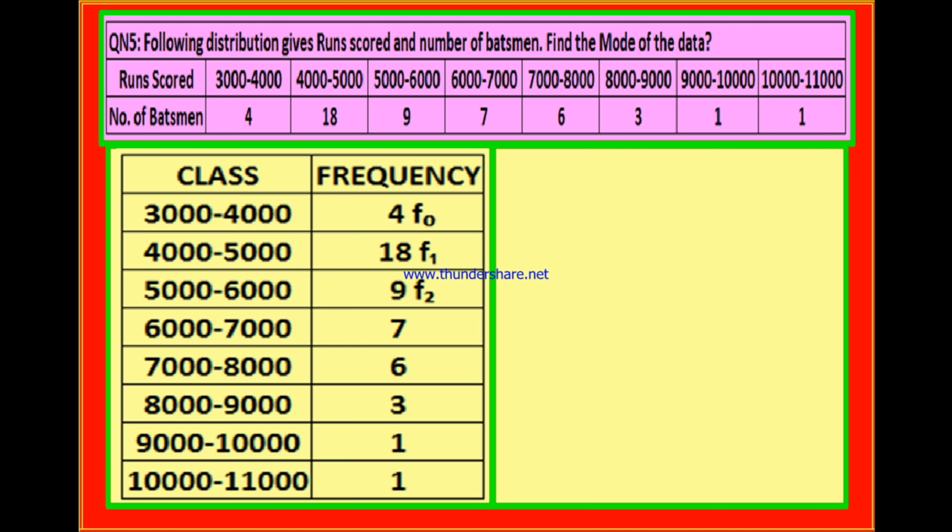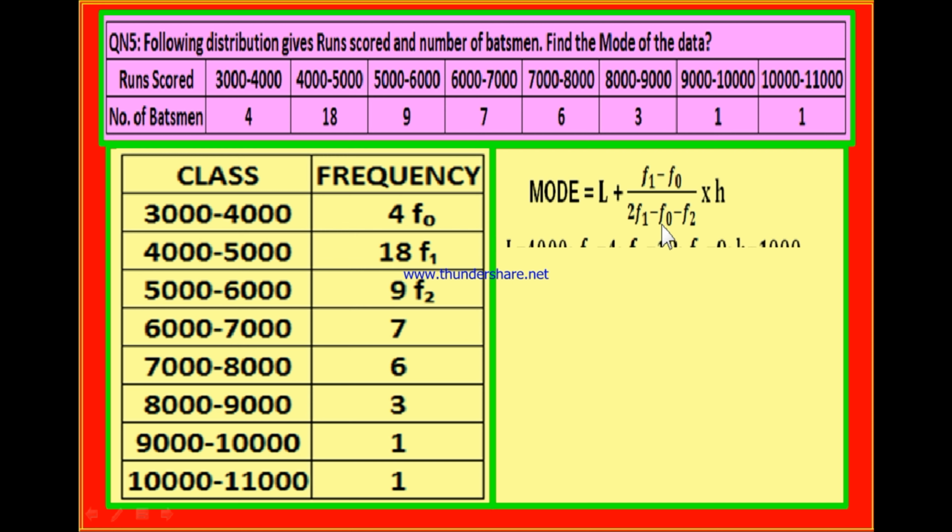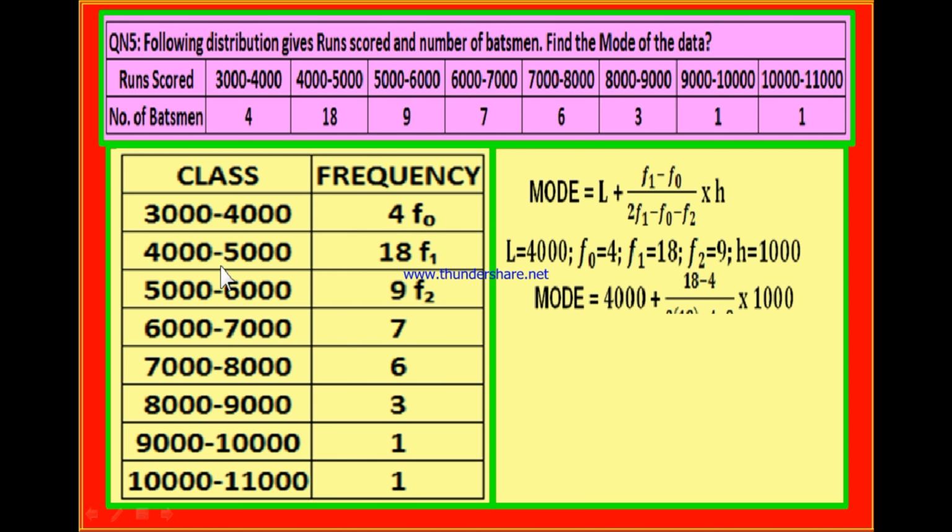Now let us write the formula for mode and let us substitute these values. Good, dear children, what is the formula to find the mode? Mode is equal to, yes, very good. Mode is equal to L plus (F1 minus F0) by (2F1 minus F0 minus F2) into H. This is the formula to find mode, where L means lower boundary of the modal class, which is equal to 4000.